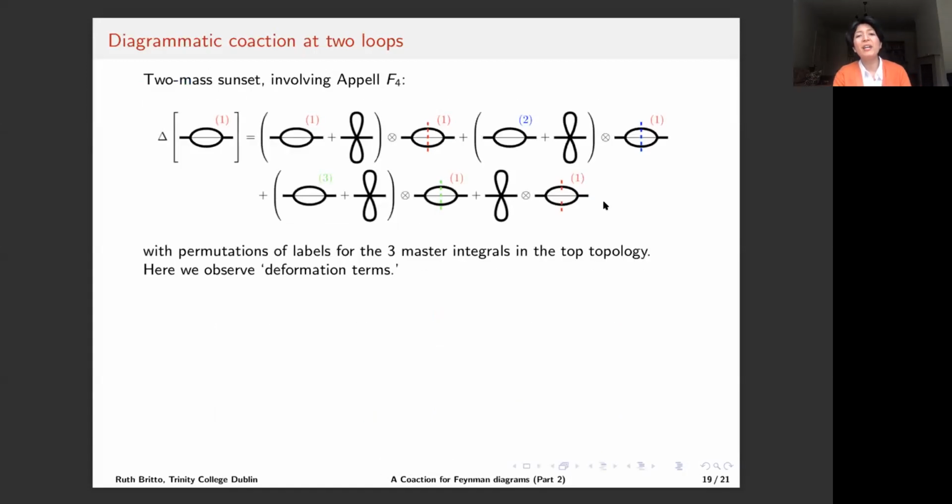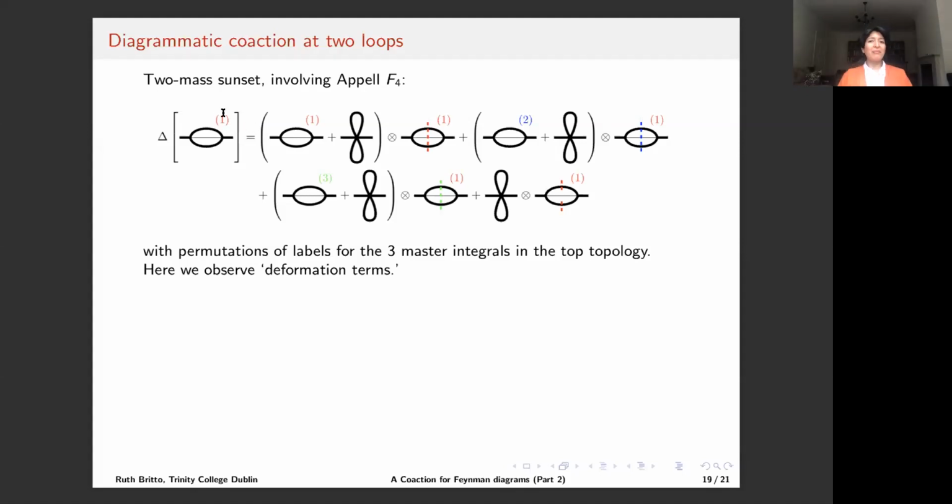Now the 2-mass sunset is a little bit more involved. This involves the Appel F4 function. And here we have 3 master integrals in the top topology, and we also have the additional master integral of this double tadpole. So we find it's possible to represent the diagrammatic coaction in this way, where we have, so this again is one of the masters.